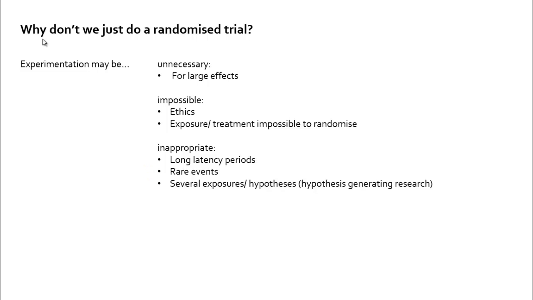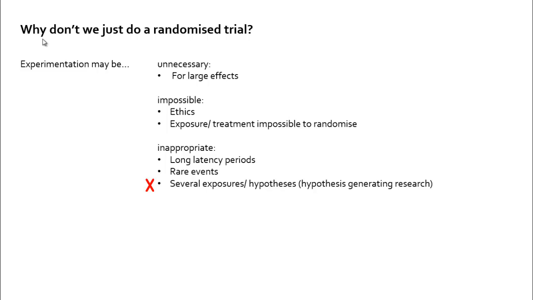And lastly, when the interest is in generating hypotheses. So say, for example, we're interested in activity as an exposure. This is a multifaceted behaviour. So we might look at sedentary time, time spent in moderate to vigorous physical activity, aerobic activity versus anaerobic, leisure versus occupational activity, active transportation, etc., etc. In a randomised experiment, we can't design such a study to look at so many different domains.